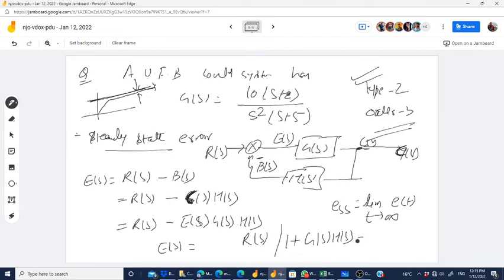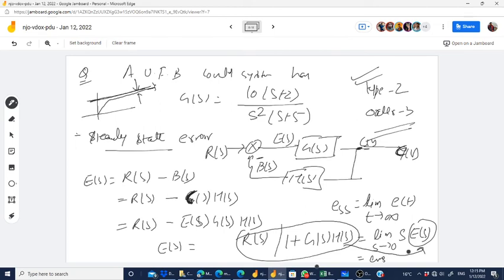When you apply the Laplace transform and the final value theorem to this equation, it becomes limit s tends to 0 of s into E(s). So the steady state error ESS becomes s into R(s) upon 1 plus G(s)H(s).